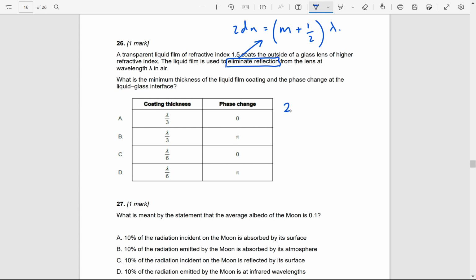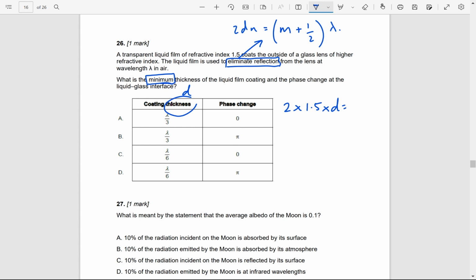So we've got 2 multiplied by 1.5 multiplied by the thickness, which is what we're being asked, equals m, and we're asked for the minimum. That means that m, the order number, is going to be 1.